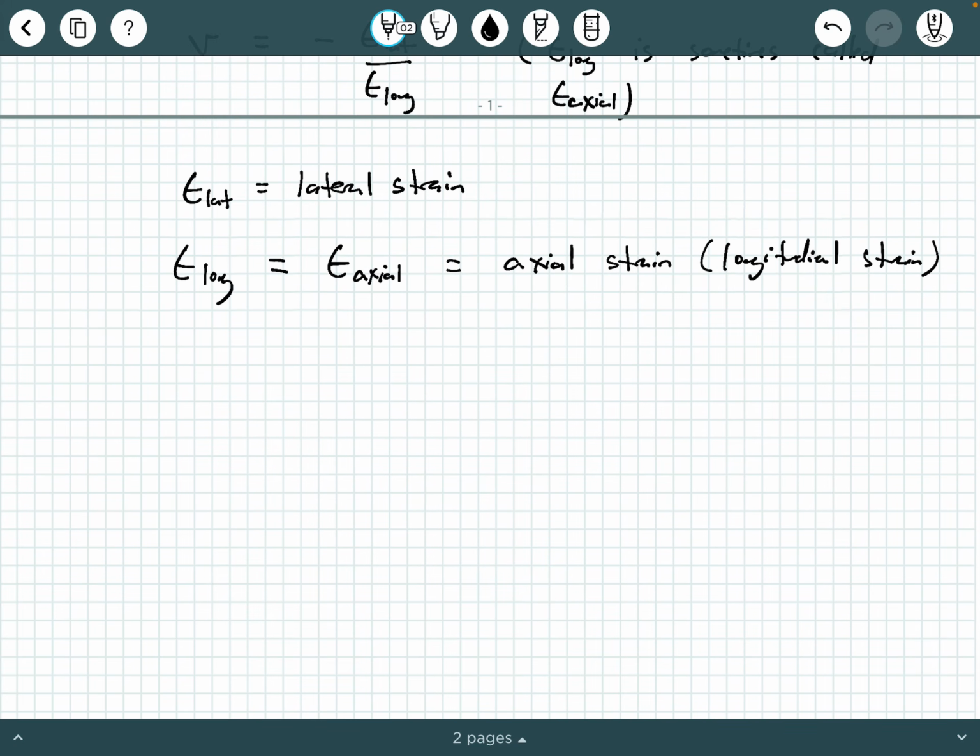Okay, so how do we calculate strain? Well, hopefully you remember that the basic definition of strain is just a deformation divided by an original dimension.